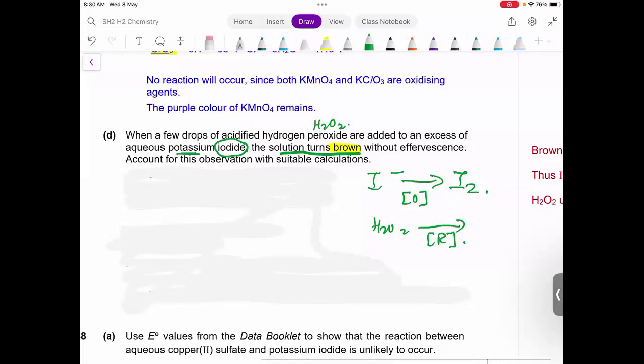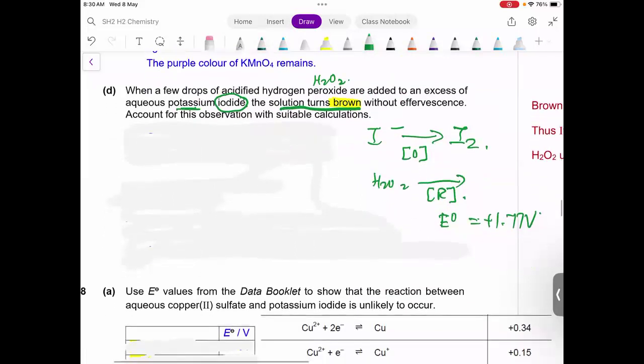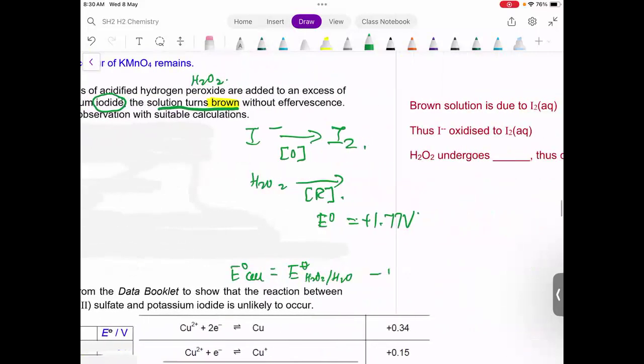So in this case, your hydrogen peroxide undergoing reduction has an E naught value of positive 1.77 volt. Then what is the E naught of iodine to iodide? You have the E naught reduction of hydrogen peroxide reduced to water, minus away the anode, which is the E naught reduction of iodine to iodide.